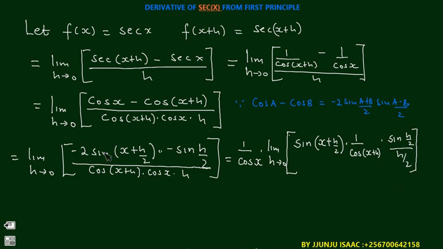So the derivative will therefore be 1 over cos x times sine x times 1 over cos x.